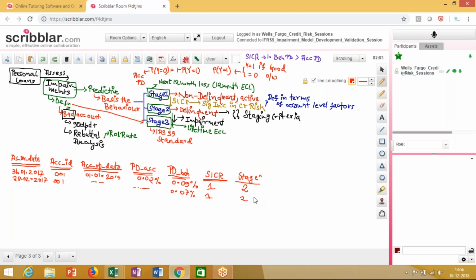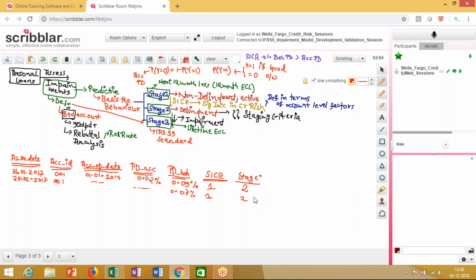So this is one way you can identify a significant increase in credit risk, by comparing the behavior and the acquisition PD. Now the thing is that there are certain challenges with this approach. What are the challenges? You are trying to calibrate two different kinds of models into one space, because the acquisition model is developed on a totally different base of approach, and the behavior PD model is built on a totally different set of accounts.